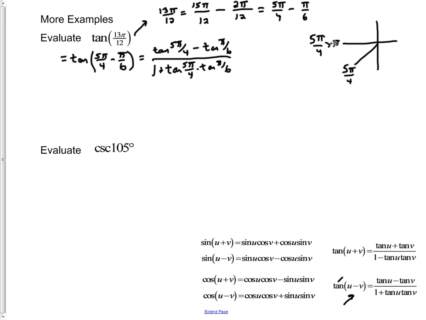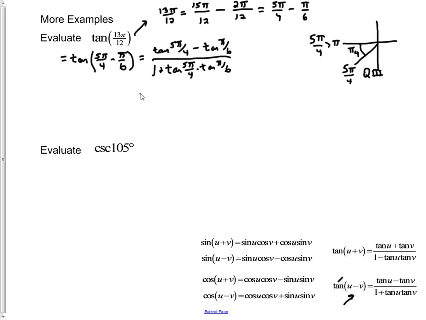And pi is equal to 4 pi over 4, so if we take the difference between these two, our reference angle here is pi over 4, and in the third quadrant, we know the tangent is a positive value, and the tangent of pi over 4 is equal to 1.